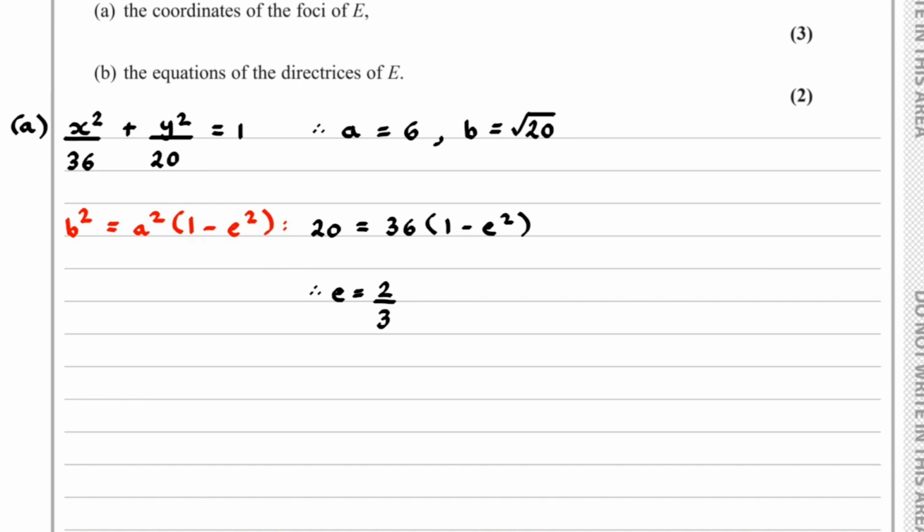So, using the fact that the foci are at plus minus AE, 0, the coordinates of the foci, we would have plus minus A, which is 6, times by E, which is 2/3, and then 0.